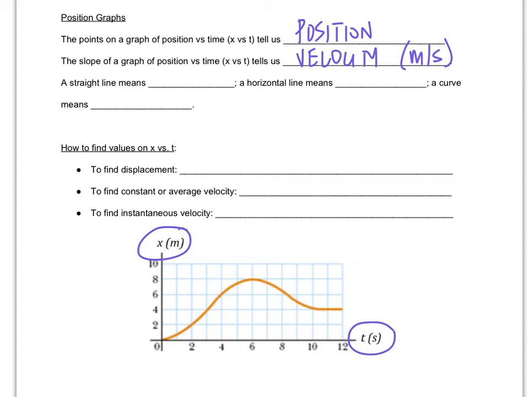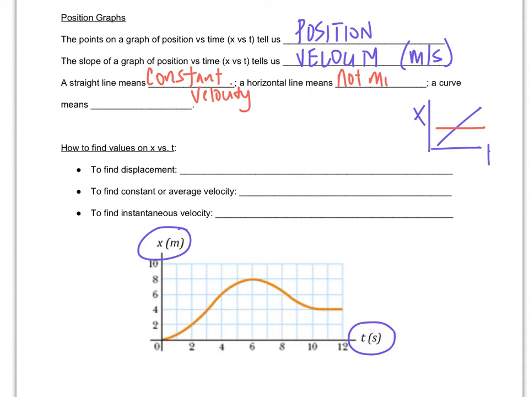If you see a straight line on an x versus t graph, that means that you are moving at a constant velocity. So the velocity is not changing. If you see a horizontal line, something like this, that means that the object is not moving.